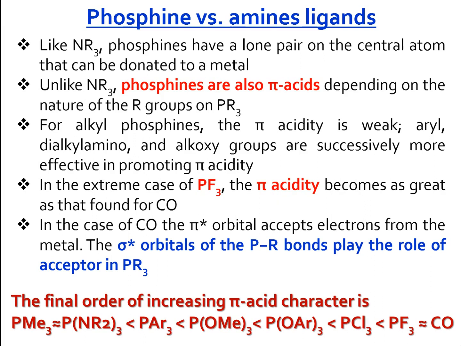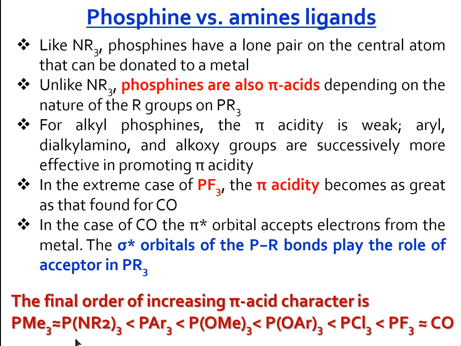So the pi back donation in the case of carbonyl will strengthen the M-C bond and will destabilize the bond in carbonyl, since the bond order in CO decreases. In the same way, the acceptor orbital in phosphine is sigma star, so the back donation from metal to phosphine will weaken the bonds in phosphine.